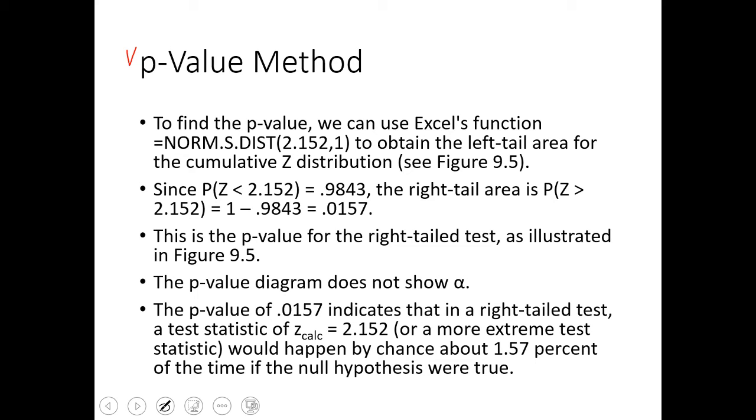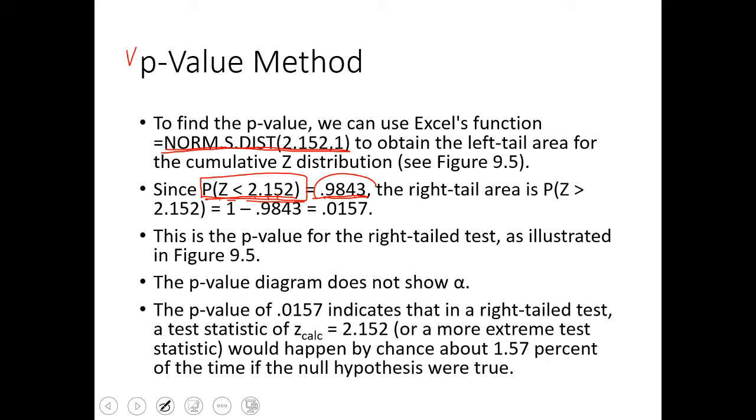To calculate this p-value, we can use the Excel function. Using the Excel function, we obtain that the probability that Z is less than 2.152 is 0.9843.